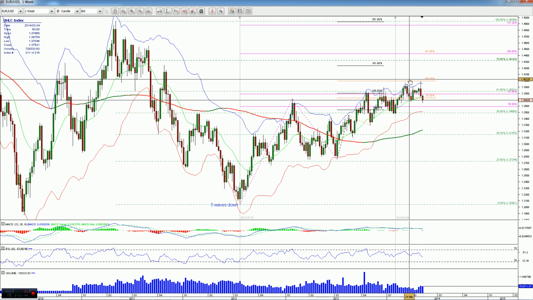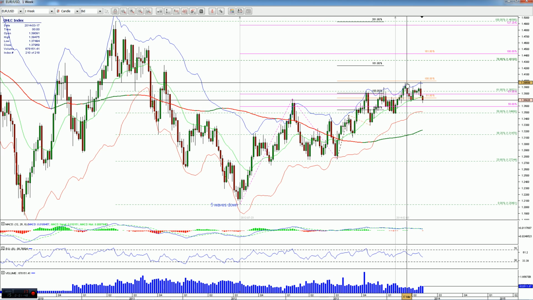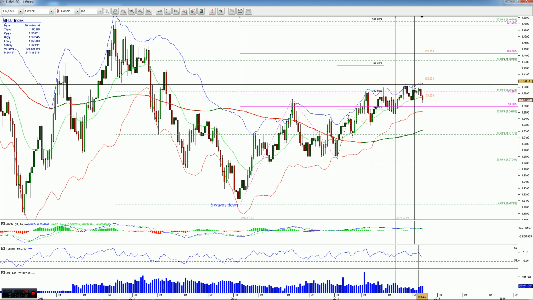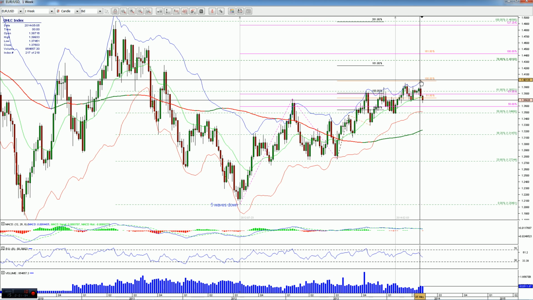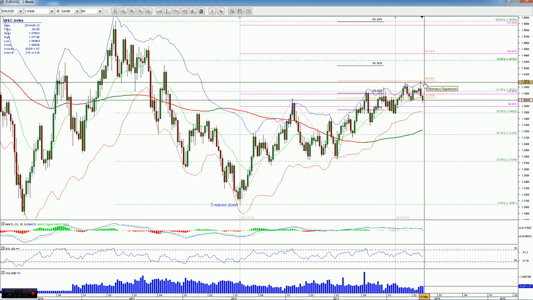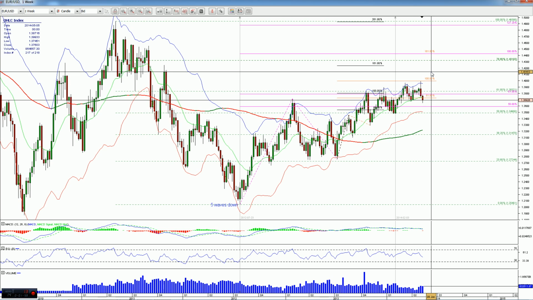Even if you took a position with 20 pips above the last high, what I do very frequently, it was 26. So it wasn't that easy to catch that high.